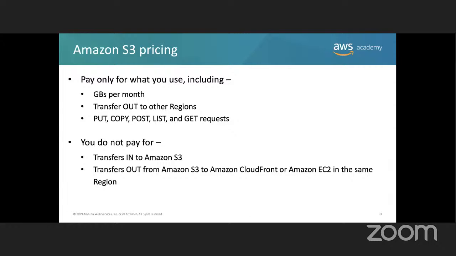Now, pricing, you pay only for what you use. If you don't use it, you don't pay for it. You're going to be charged for gigabytes per month, transfer out to other regions, and for put, copy, post, list, and get requests, okay? Put is just about update, right? Update, and copy. Put is like post, similar, but it just modifies the file.